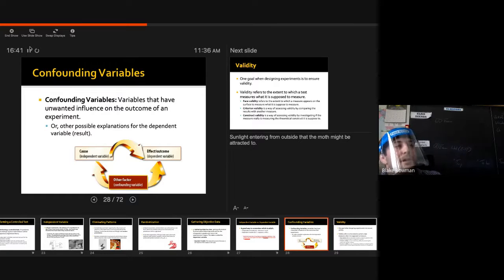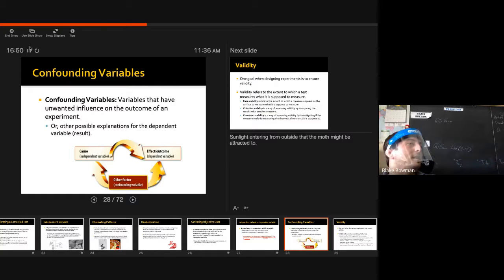So it might be something, let's say, if you're going to try to detect light, like how moths are attracted to light, okay, bugs attracted to light. So let's say you're trying to have a controlled experiment, you're using just a flashlight, and you're seeing how these bugs would be attracted to the light. One thing that could cause a disruption in your study is, let's say you leave the blinds open, right?